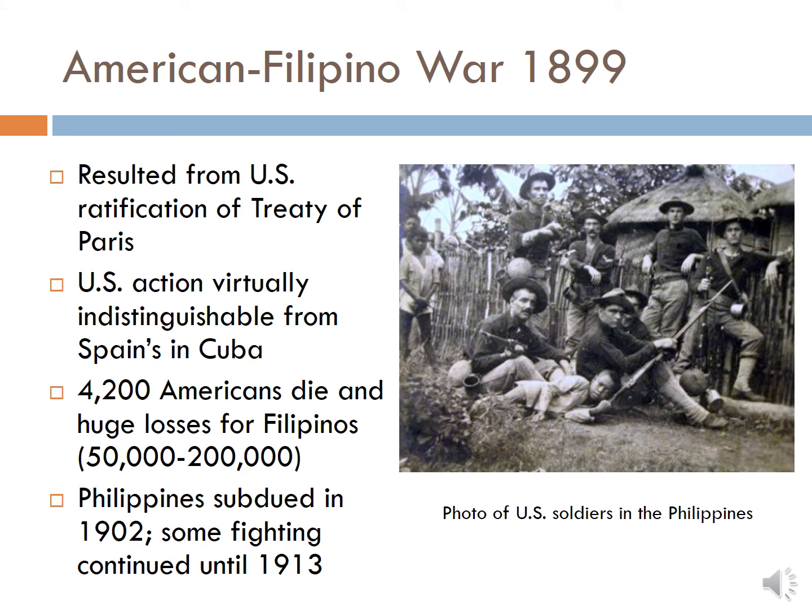And so begins the American-Filipino War, which will be a much longer war than the Spanish-American War, beginning in 1899 and lasting until 1902, and then there will be some continued fighting after that until 1913.